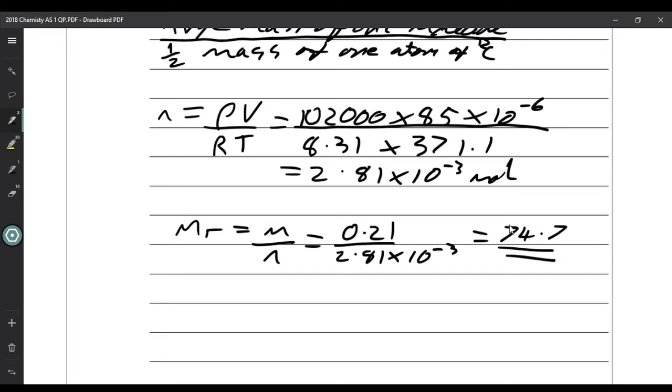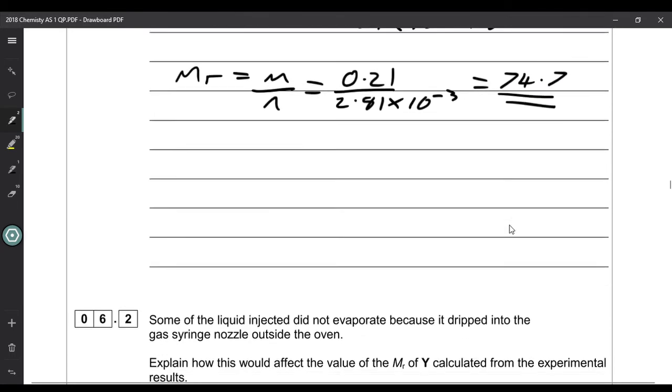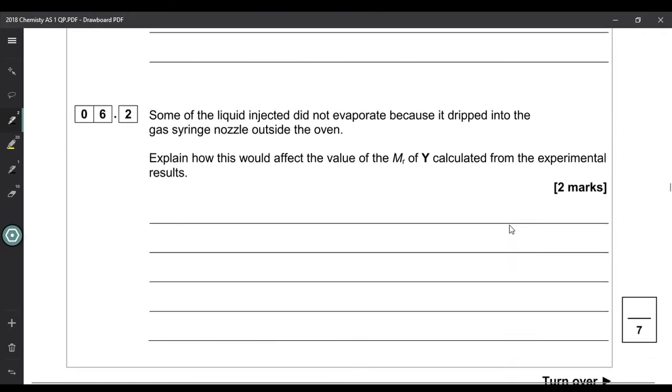So this would be smaller than we'd expect, and that would give a smaller value for n. If this is a smaller value than we would expect, then MR would actually be larger than it should be.